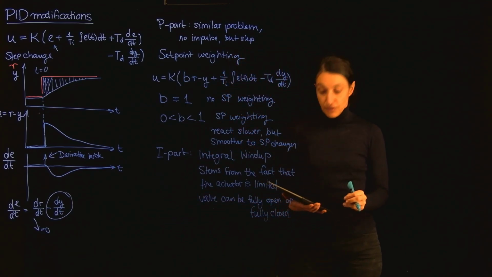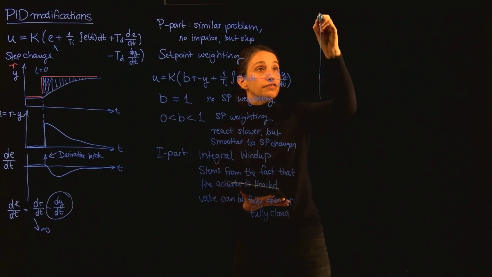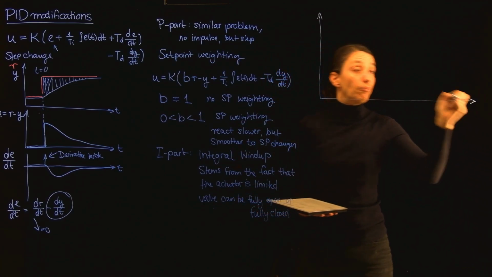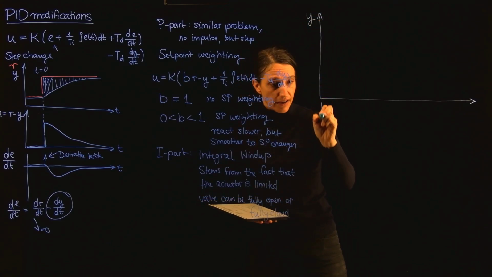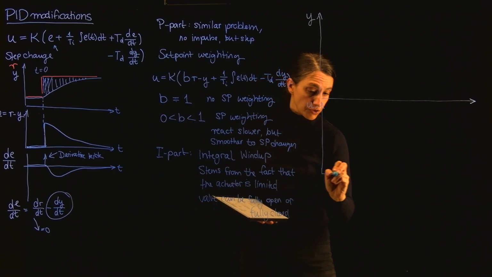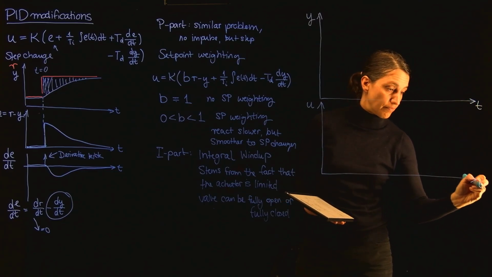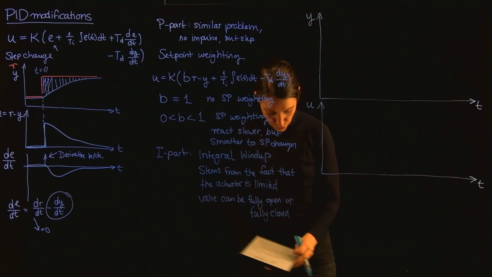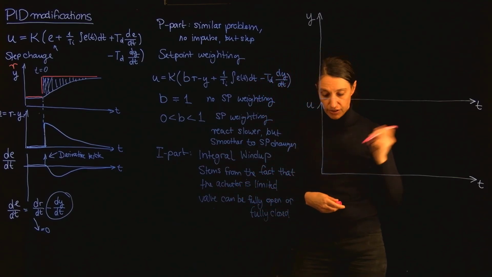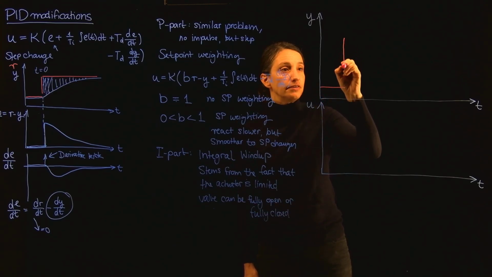Okay. So let me explain what happens. I have to be very diligent and do this very carefully. As I always draw these diagrams, I have my process variable and I have my controller output. So we draw in my lovely pink set point change. So this is going to be my set point.